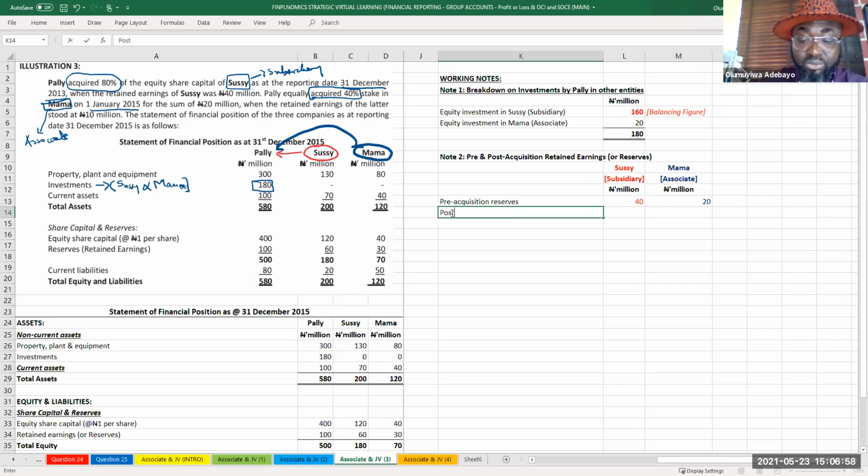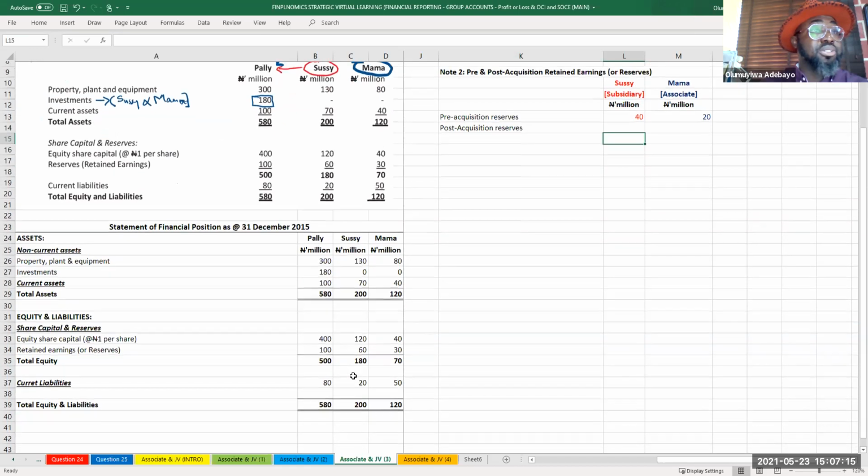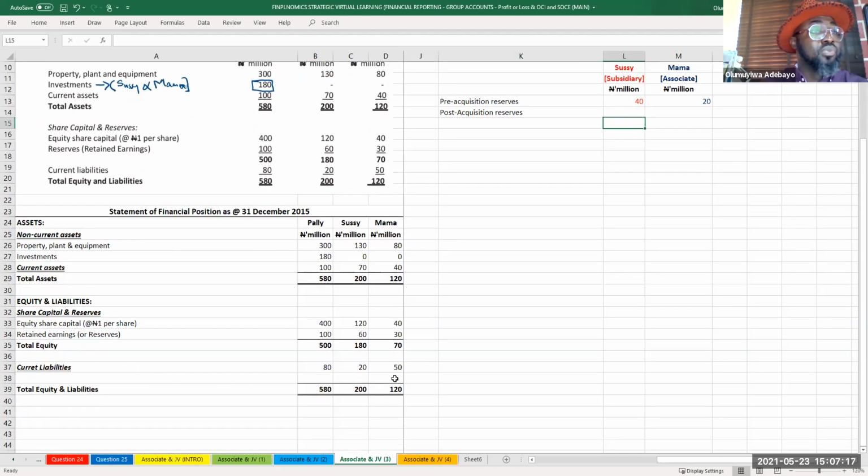Therefore, what is our post-acquisition? Is for us to ask ourselves, what is the reserve in the balance sheet? It's 60 for Susie, and it's 30 for Mama.